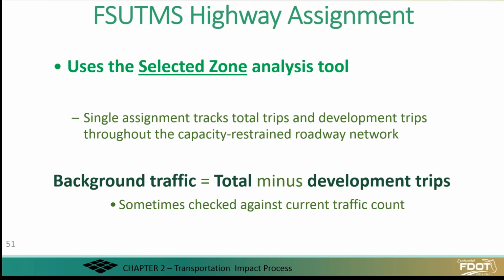So whether you're using the link percentage distribution method or the special generators method, you will still need to identify which links those specific trips are going to. And then your background traffic is your total trips minus your development trips. However, you may need to check against observed data to make sure that the results from the model in that respect are reasonable.